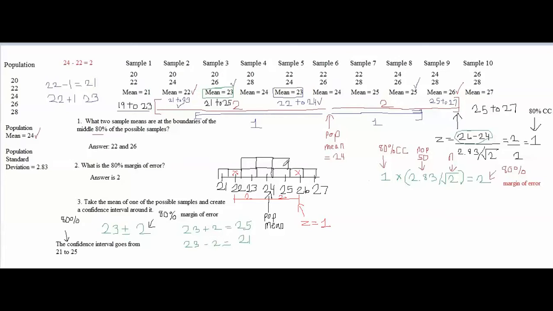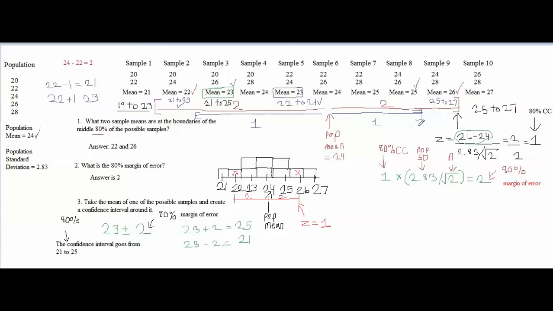Now, what if we wanted to use the same formula to calculate our 60% margin of error, which came out to 1? We could do that. Once again, the first step is calculating the confidence coefficient. If we want the 60% margin of error, we don't get the same confidence coefficient that we did before.